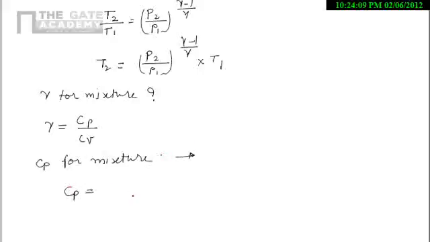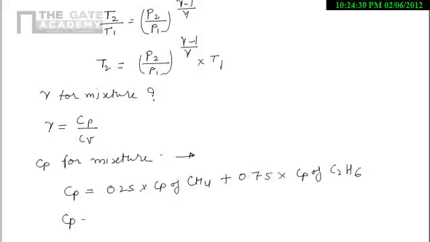In the mixture we have 25% of CH4. So Cp of mixture is 0.25 into Cp of CH4 plus 0.75 into Cp of C2H6.